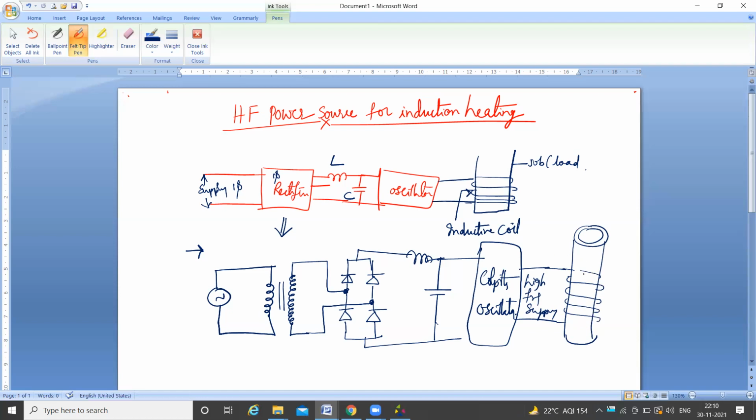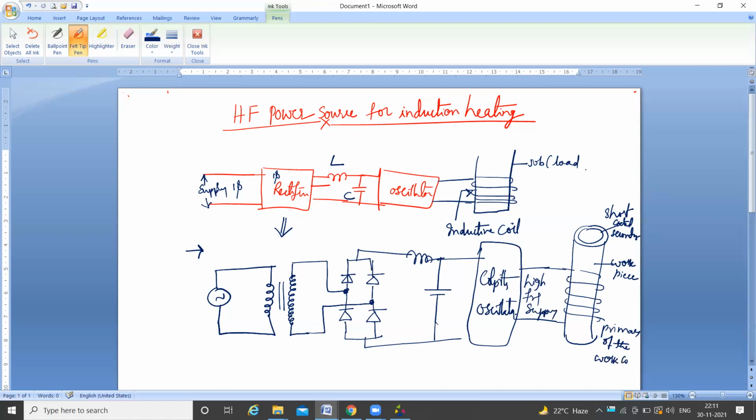And this is the work piece. This work piece is to be heated up and is short circuited. This is a short circuited secondary, the short circuited secondary coil, and this is the primary, the work coil.